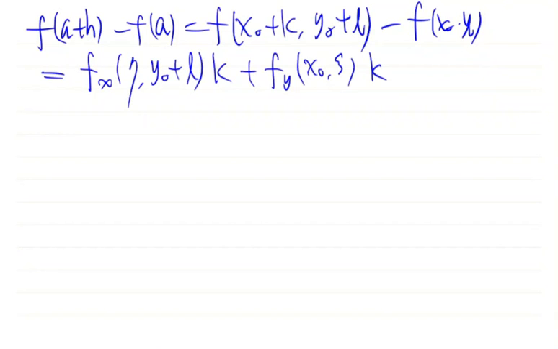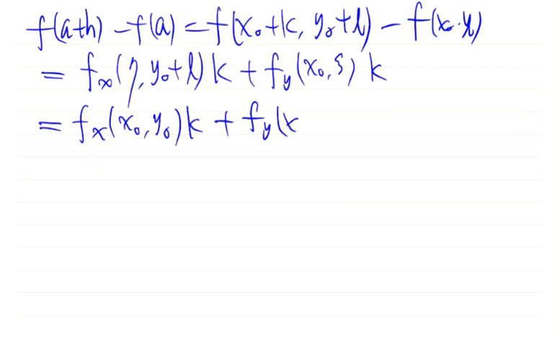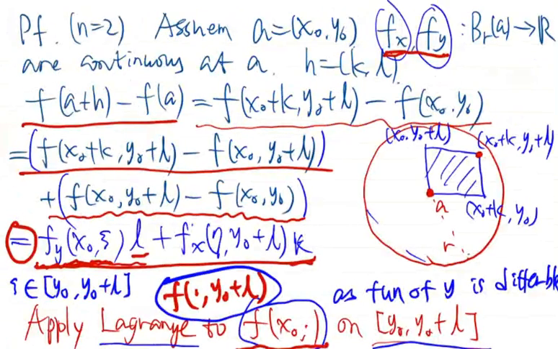This is what we get. Now we use the continuity we just mentioned to rewrite this as fx(x0, y0) k plus fy(x0, y0) l. Sorry, this is l.